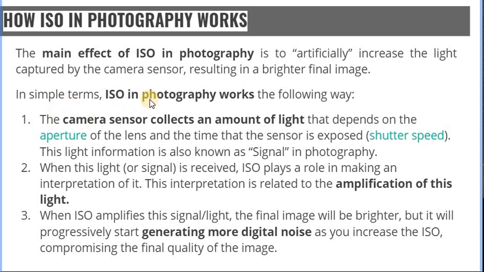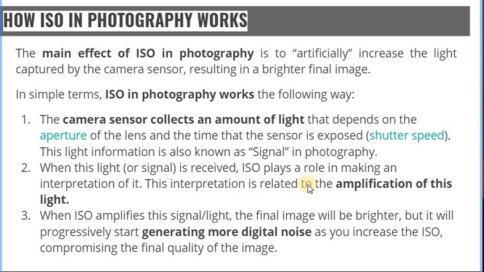In simple terms, sabi niya, ISO in photography works in the following way. So, the camera sensor collects an amount of light that depends on the aperture of the lens and the time the sensor is exposed, or yung shutter speed. So, the light information is also known as the signal in photography. When this light or signal is received, ISO plays a role in making an interpretation of it.